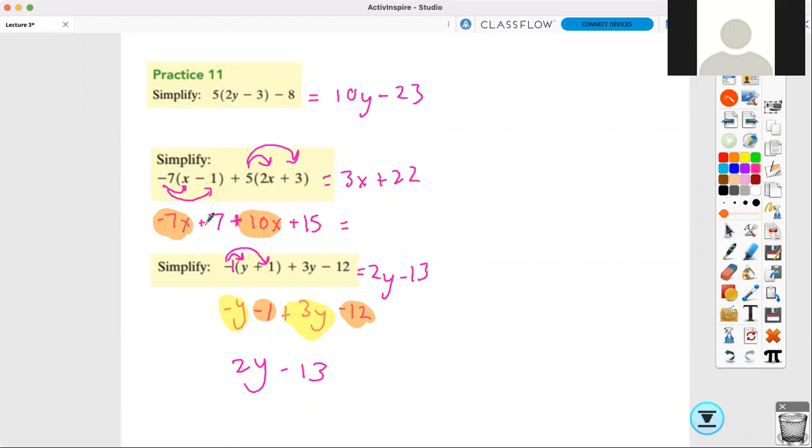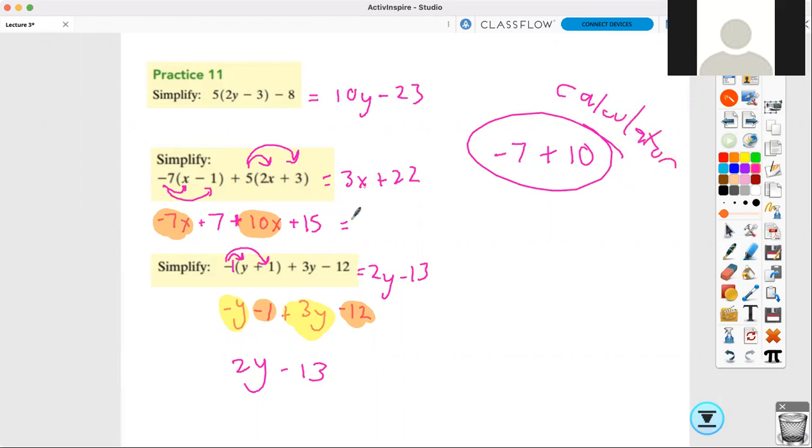If you don't know how to plug it into the calculator, plug in the numbers that you see. So what do we see here? Negative 7 plus what? 10x. 10. You plug this into your calculator. That would tell you the number that you're supposed to get in front of the x. Because it's negative 7 plus 10, right? What do you get?